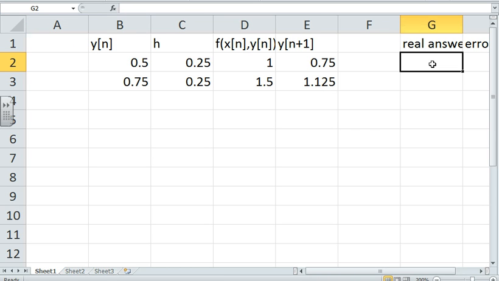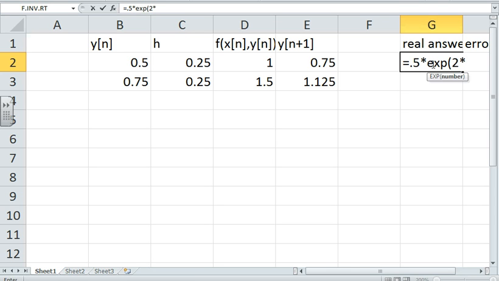All right, so now, what's my real answer? Well, my real answer is 1/2 e to the 2x, right? So this is going to be equal to 0.5 times exp to the 2 times x.